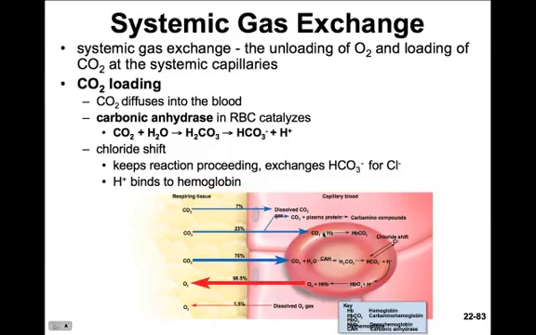Again, not in the same region that the oxygen binds, so we create carbaminohemoglobin. Some of it will bind to amino acids on plasma proteins to form other carbamino compounds, and 7% of it will be dissolved CO2 directly in the blood.